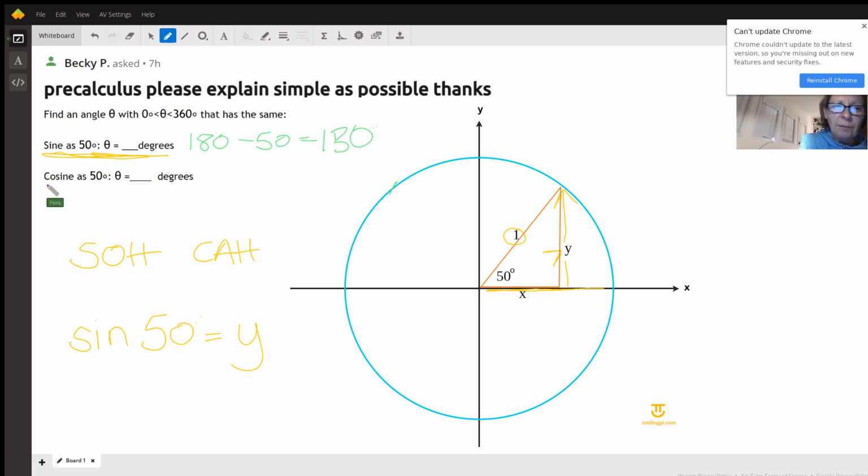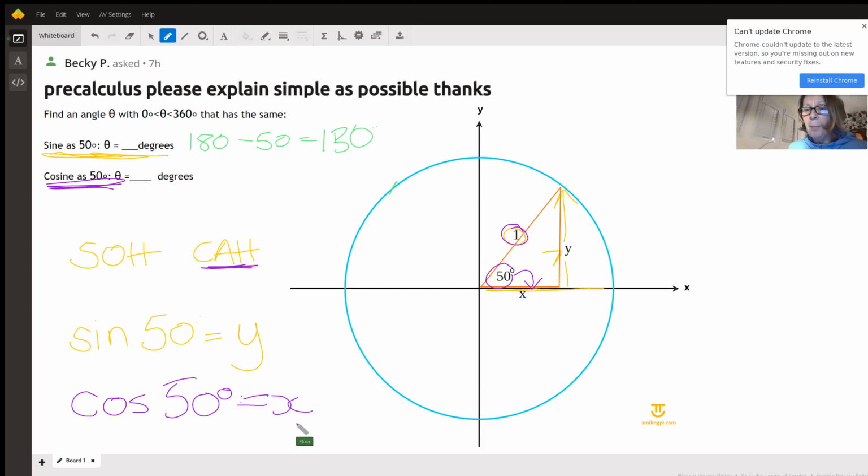The cosine of 50 degrees, well, again, this is the adjacent over hypotenuse. So from our 50 degrees, adjacent is going to be our x-coordinate, and our hypotenuse is just going to be 1. So the cosine is x. The cosine of 50 degrees is just our x-coordinate.